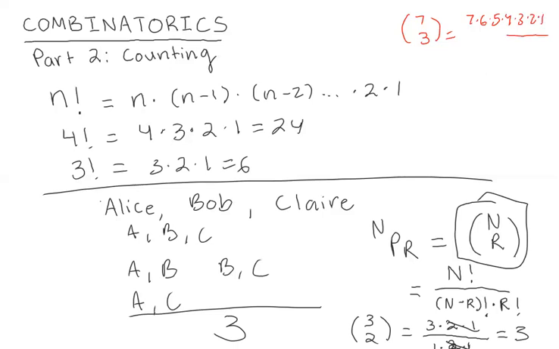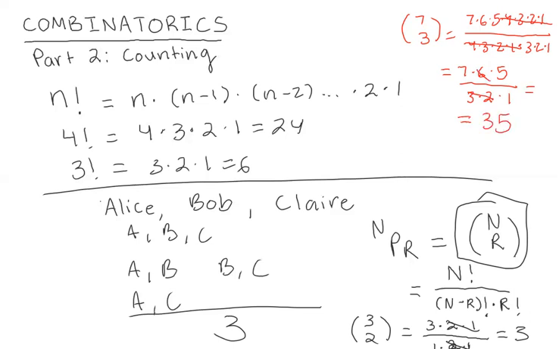On the bottom, n minus r is 7 minus 3, so 4 times 3 times 2 times 1, and then r factorial is 3 times 2 times 1. So this cancels out, and we are left with 7 times 6 times 5 over 3 times 2 times 1. You can cancel these out, and that leaves you with 35. So 7 choose 3 is 35.